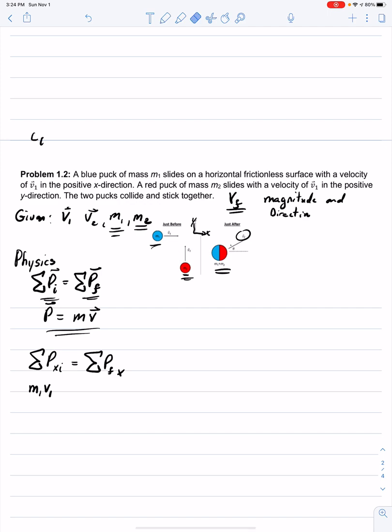If we were to write it in an actual component, let's put it in angle notation: cosine of 0, since we're dealing in the x direction and it doesn't have any incline, plus mass 2, velocity 2, cosine of 90. Because we're looking at it in the x direction, cosine.